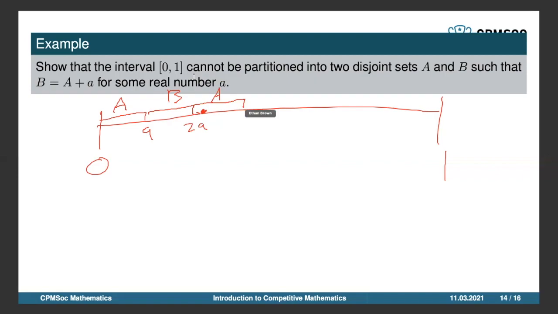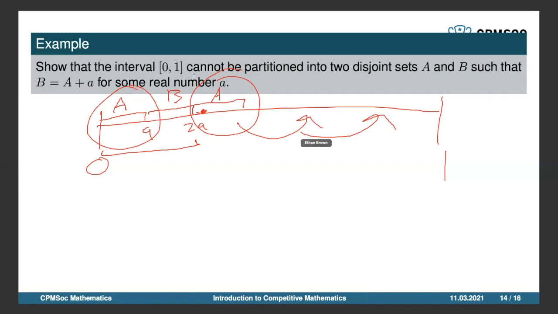And our inductive argument is just rigorously proving that this pattern holds. So showing that it's true for the first one. So that was our original bit where we showed that 0 to A is part of it. And then our inductive step is saying if this section here is in A, then this section here must also be in A. And if that's so, then the next section must also be in A, and the next section must also be in A, right?